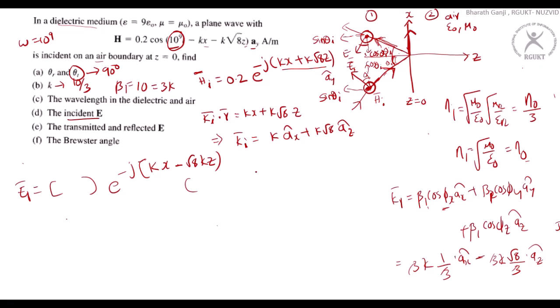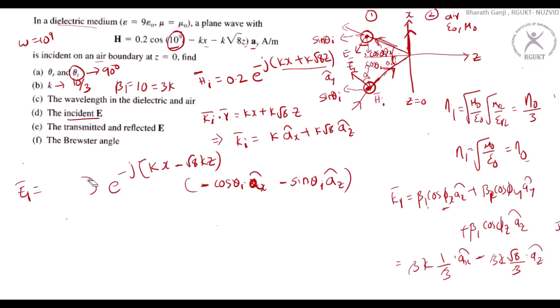So there is cos theta I in negative x direction, and interestingly you also have a negative component of z: minus sin theta I in az cap direction. So this is the direction of the electric field.